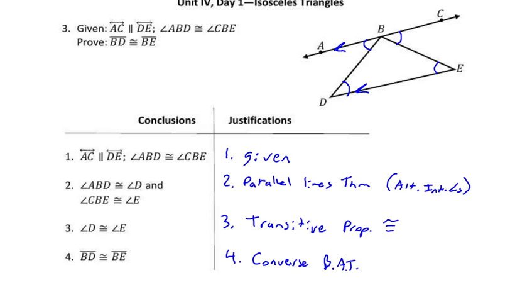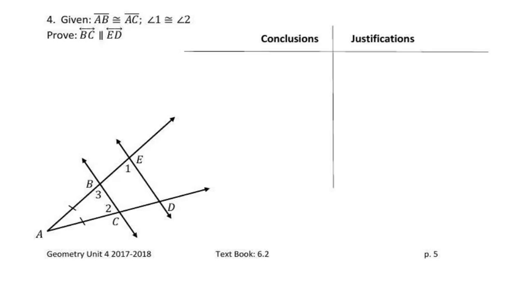Hopefully you got that one and are on to the last of these proofs, number 4. If you have not done number 4 yet, I would recommend again pausing the video here and giving the proof a try on your own. You can reference the bank that was combined for problems 3 and 4 as a tool to help you out.